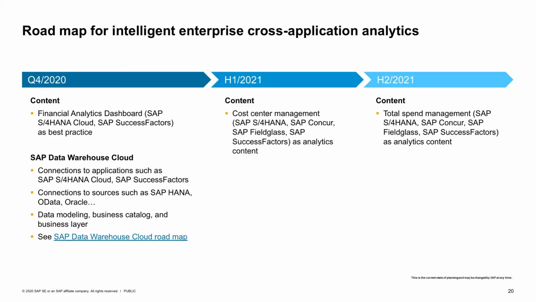So what is the roadmap for supporting intelligent enterprise with cross-application analytics? You see currently we already deliver certain dashboards like financial analytics dashboard, which was demonstrated by Michael as a best practice content.